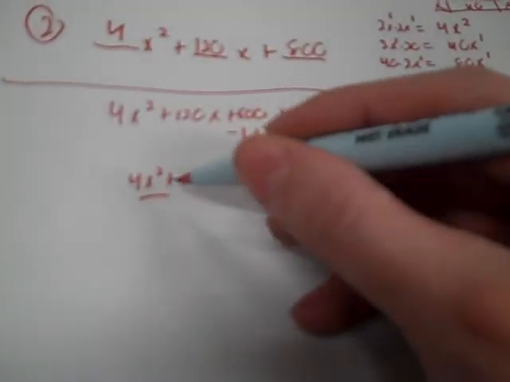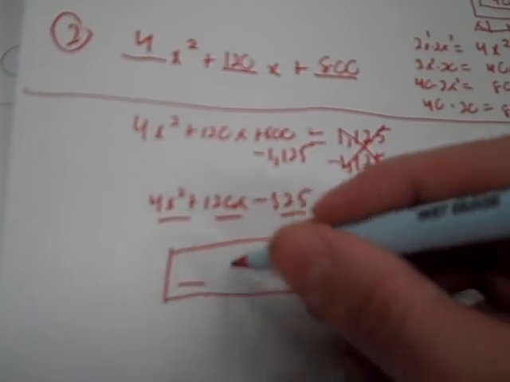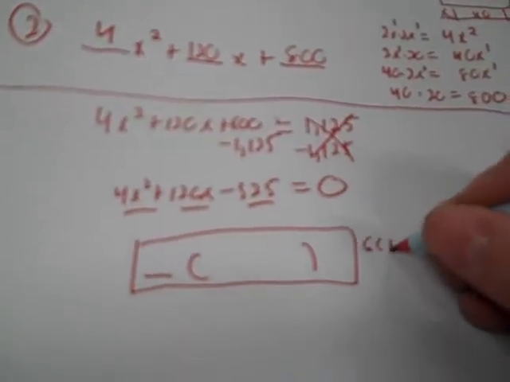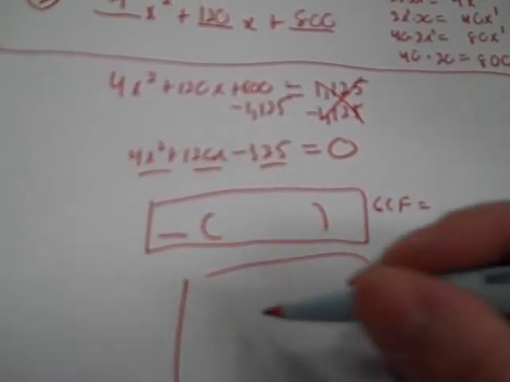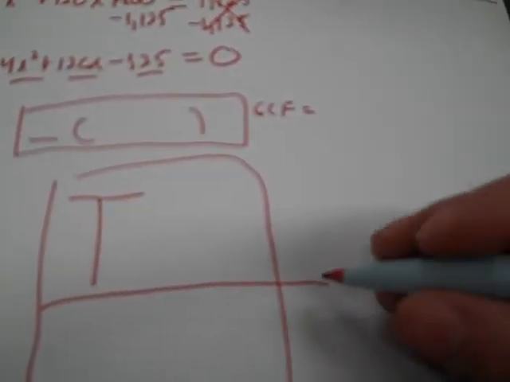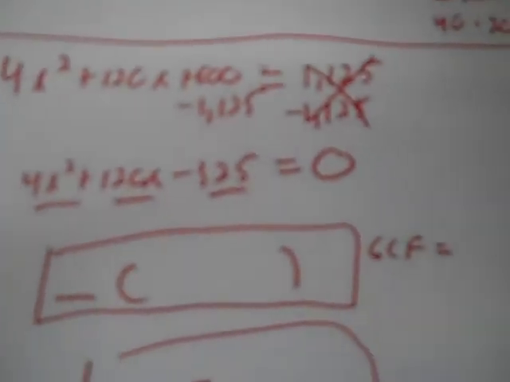Okay, so it's 3 terms. So I want to check for the greatest common factor. And then I'm going to need to run my t-test. I know that's the plan. To solve these kinds of equations, you got to know your plan.